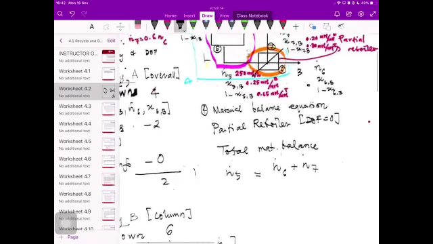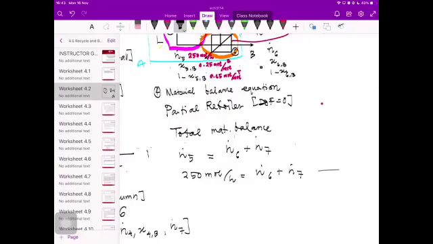So the moles in is equal to the moles out. So we have N5, which is 250 mole per hour, is equal to N6 plus N7. We also have the information from just now, remember? So I will put this one here as 1.